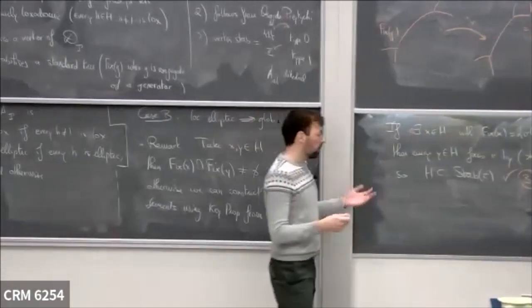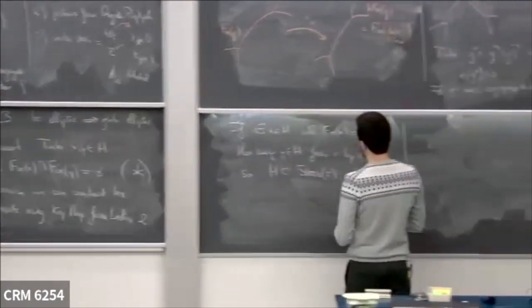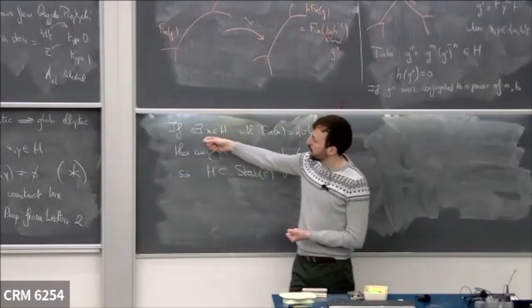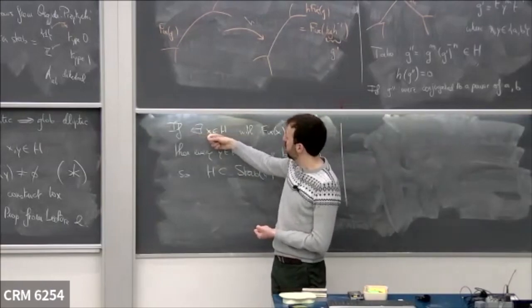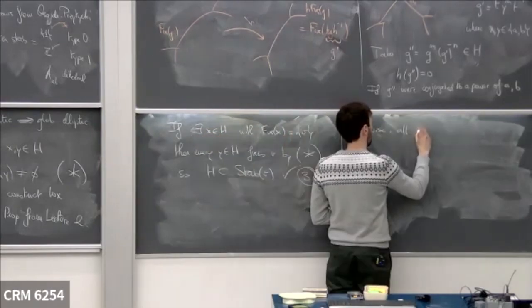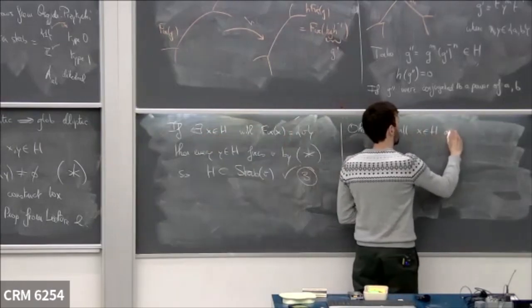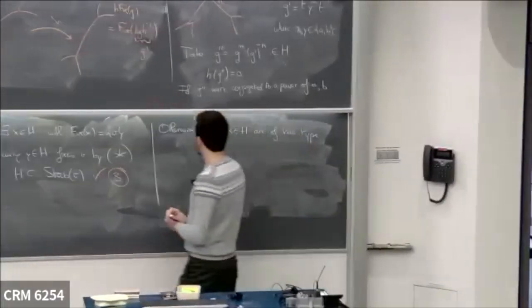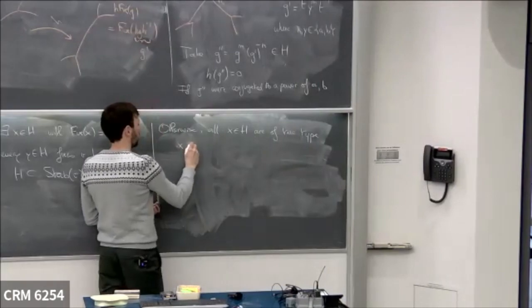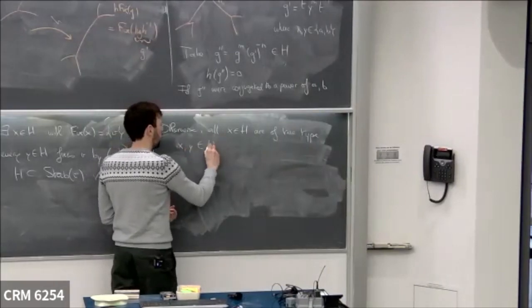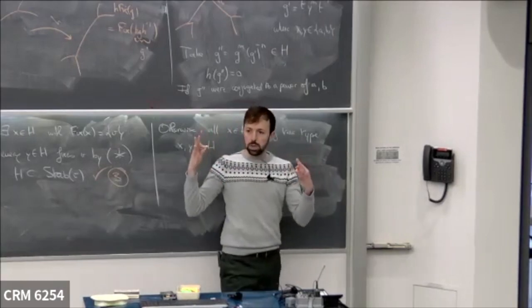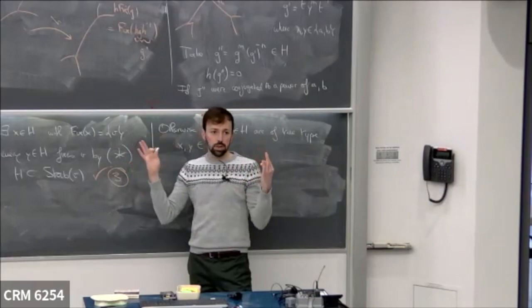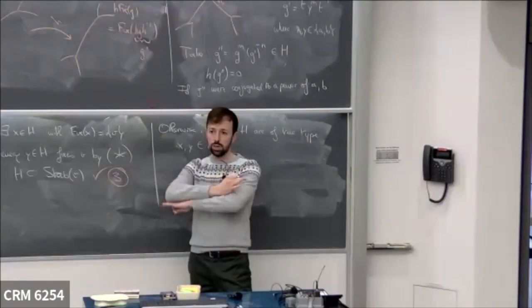Now we look at what happens if we're not in that situation, so if every x in H is of tree type. Taking two elements x and y in H and looking at their corresponding trees, there are essentially three possible cases: the trees are disjoint, the trees intersect non-trivially, or the trees are equal.